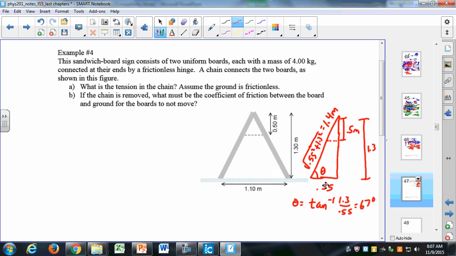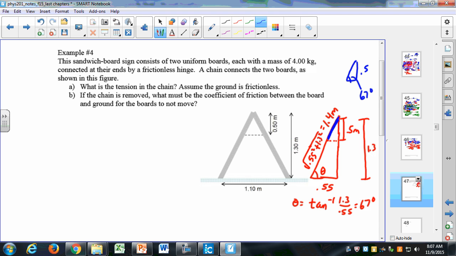And then further, I can find this distance, which I'll need when I'm writing my torques. I'll write this triangle up here. It looks like this: 0.5, an angle of 67 degrees, and I want to know the hypotenuse. So let's see, I have the opposite side. I'm looking for the hypotenuse.